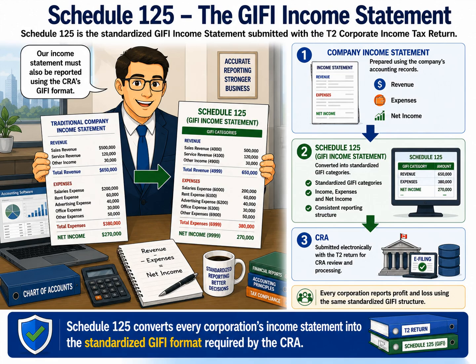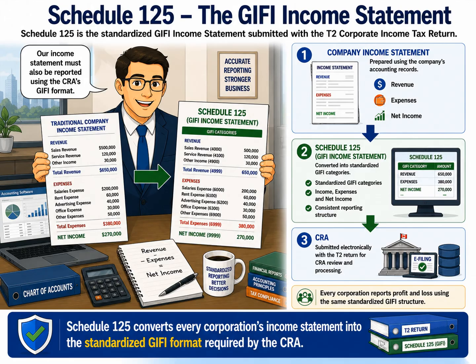During this process, every revenue and expense account is assigned to the appropriate GIFI category, whether the corporation uses QuickBooks, Sage, Excel, or any other accounting software. The financial information is translated into the standardized GIFI format required by the Canada Revenue Agency.